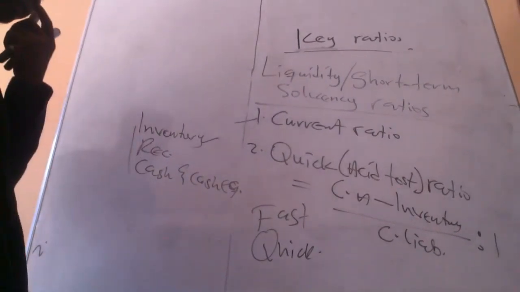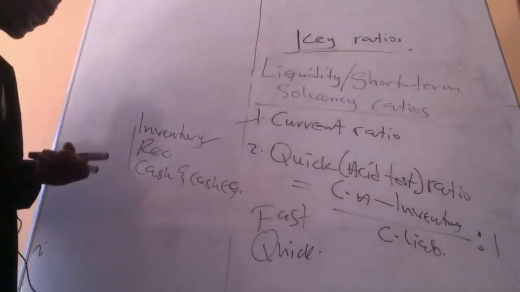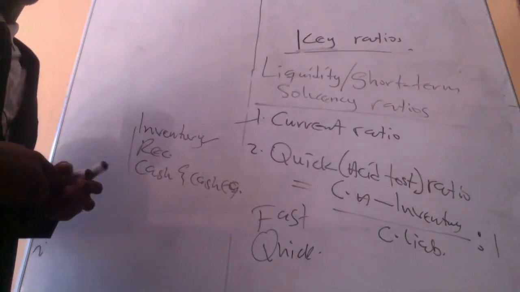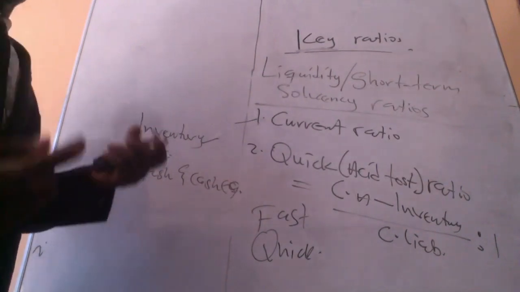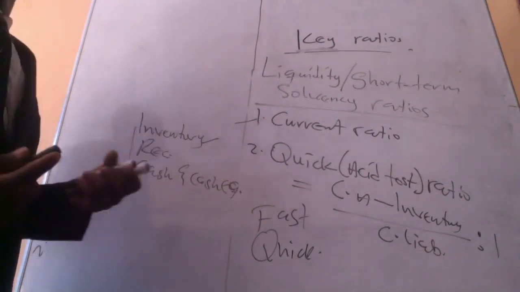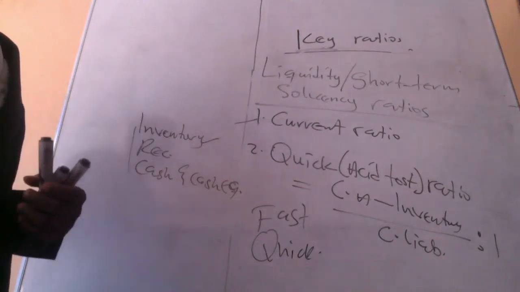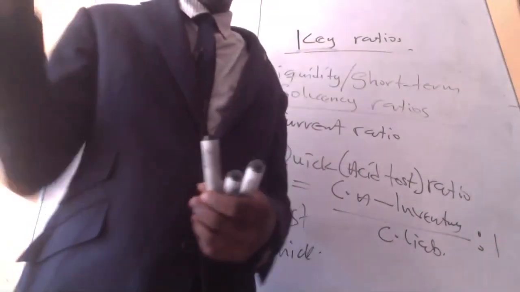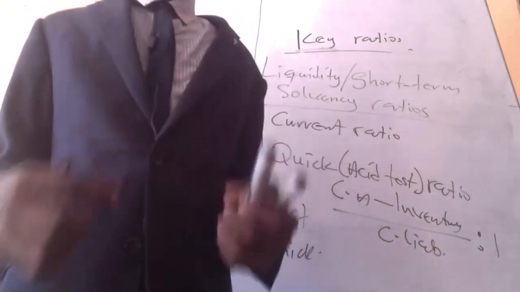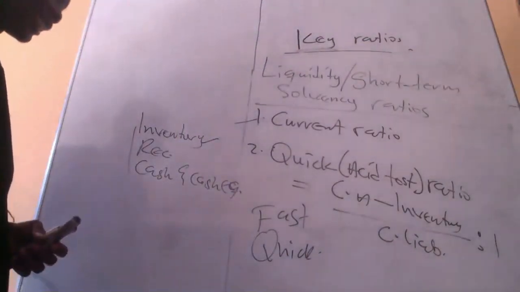So that is it. How fast can you pay your current liability as and when they fall due? So take note for me. So basically, that is it.